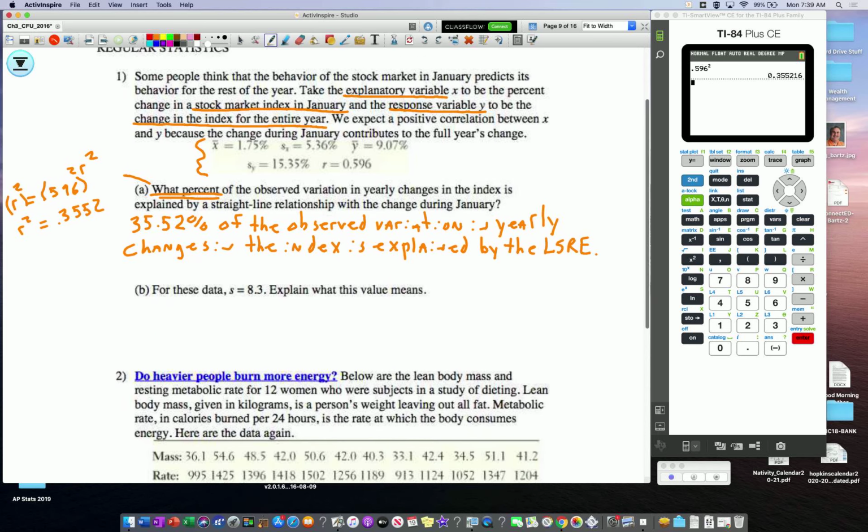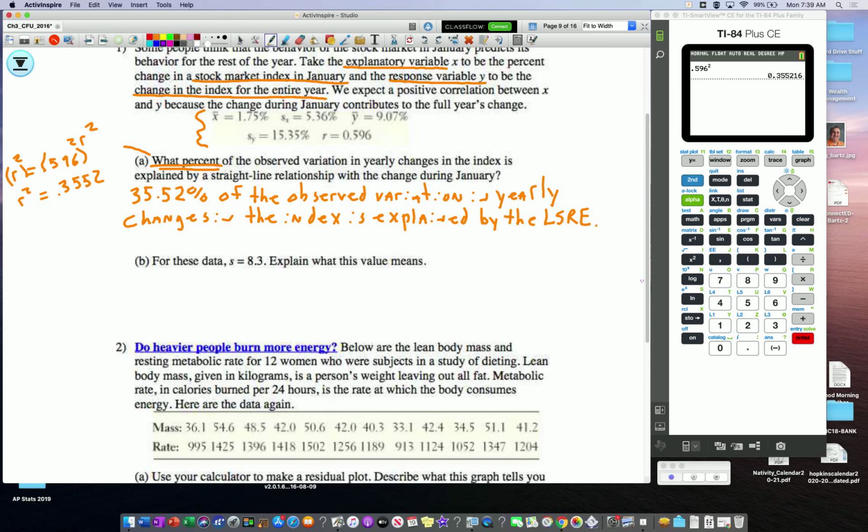B says for these data, S equals 8.3. Now it asks you to explain what that value means in the context of the problem. Remember that S is the prediction error.